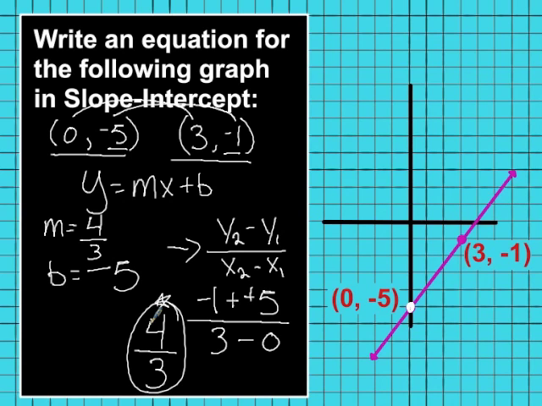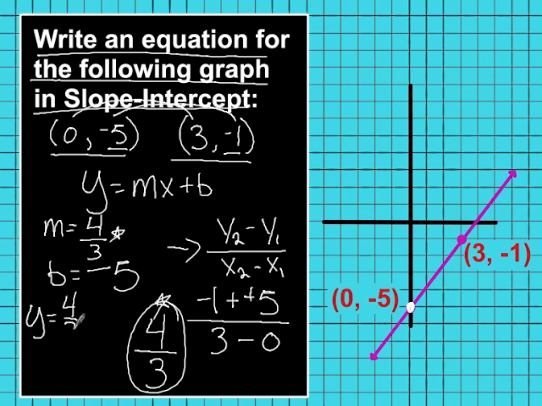We're not done yet. We still need to write an equation for the following graph in slope-intercept form. So we have our y equals mx plus b form. We get y equals our slope, 4/3, times x plus b.